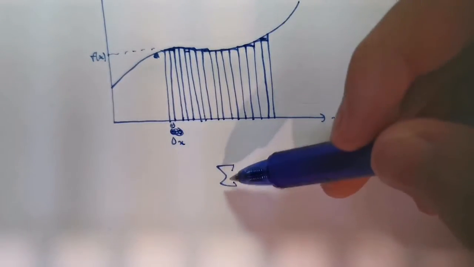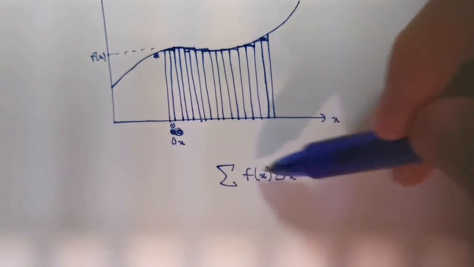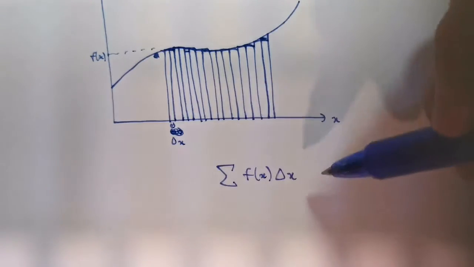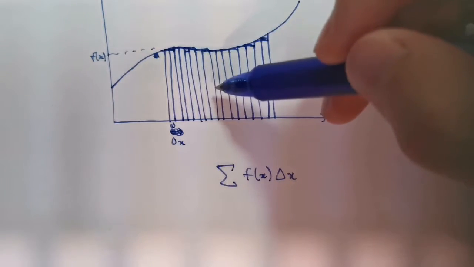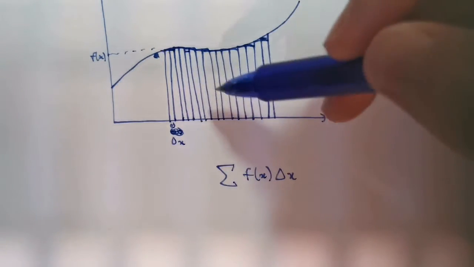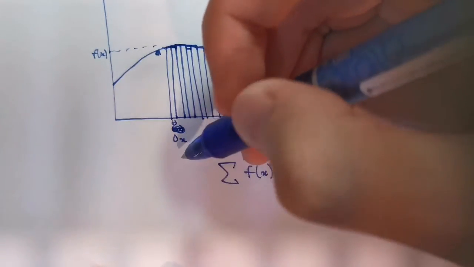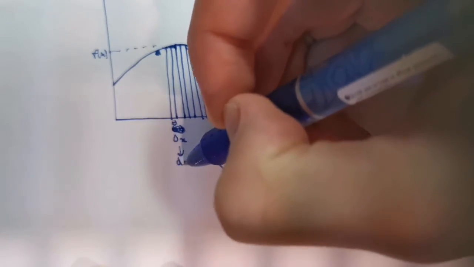As you shrink the value of delta x, you'll slowly get a better estimate of what the area under the graph is. So what if you keep shrinking delta x until it becomes dx?